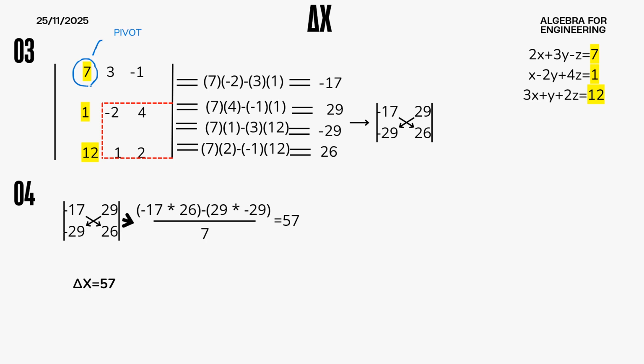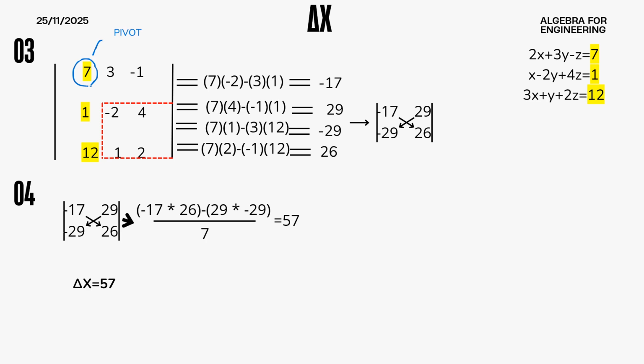We'll get our pivot point, we'll have our imaginary box, and we'll multiply 7 times -2 minus 3 times 1. It's going to be -17, and we're going to put it in the top left corner, and we're going to repeat the process all over again. But the only difference is that the left column is going to have the answers instead of the x coefficients.